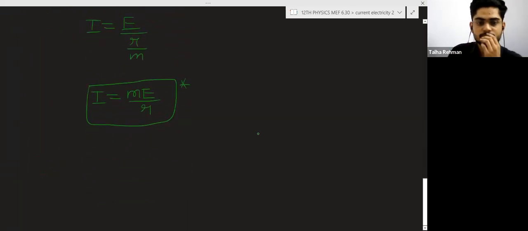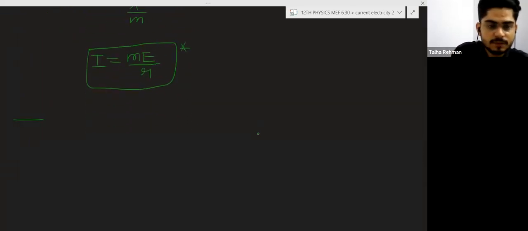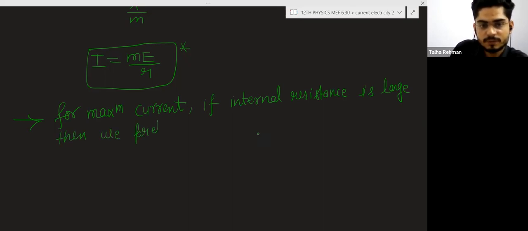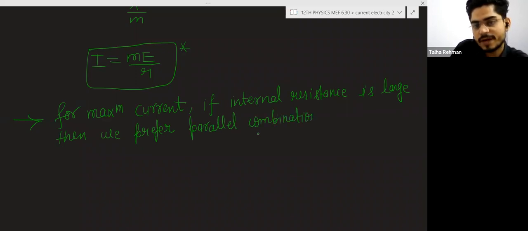So you will say that for maximum current, if the internal resistance is large, then we prefer the parallel combination of identical cells.